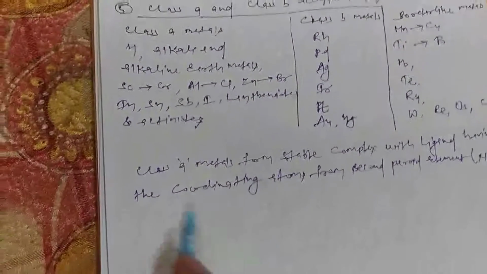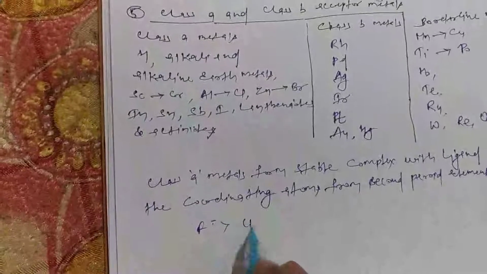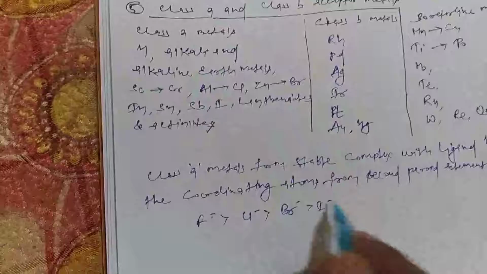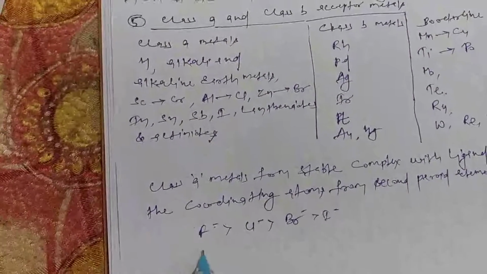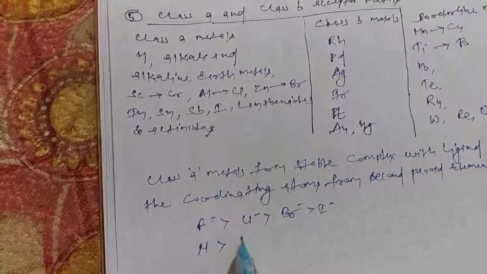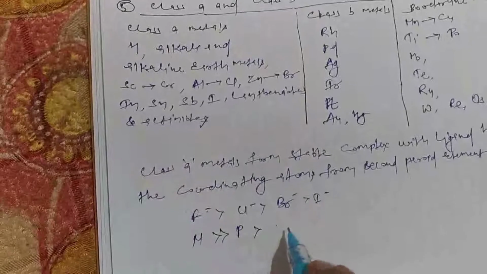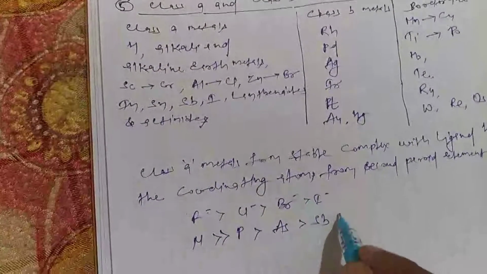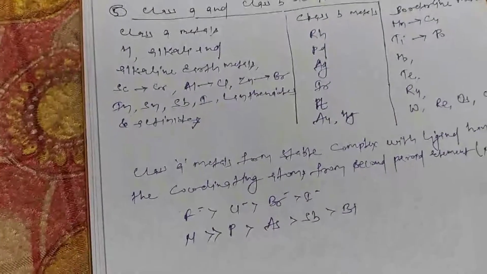So what will be the order here? Fluorine will be the highest, then chlorine, then bromine, and then iodine. Similarly nitrogen, then phosphorus, in fact nitrogen is much more, then arsenic, antimony, and bismuth. So this is the order for class A metals.